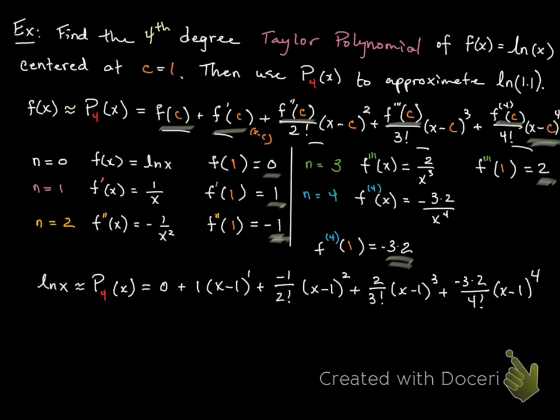Okay, and again, just a little bit to simplify here, I see this 0 is going to disappear. I can also do some cancellations here.